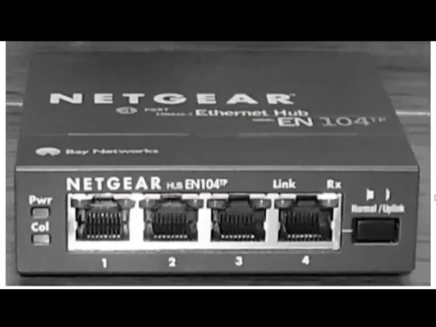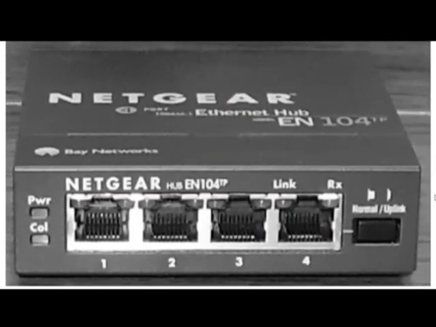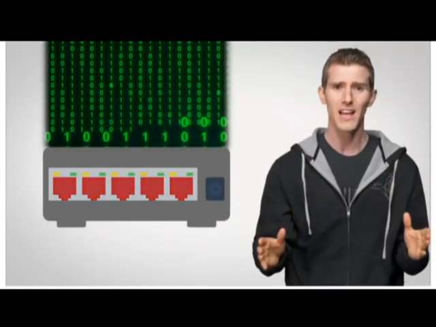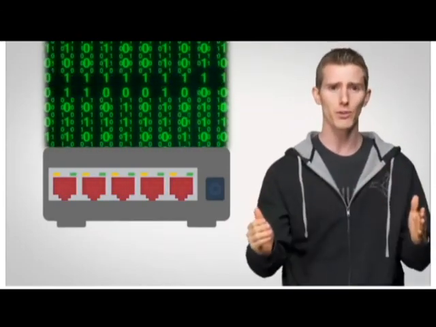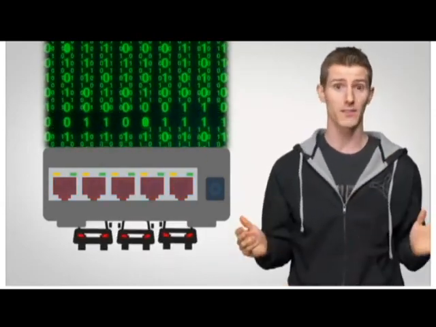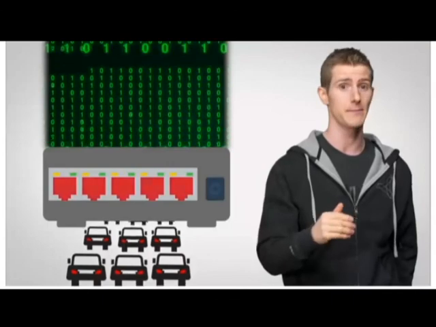Bringing us finally to our old friend, the network hub. And yes, I do mean old, as you might have one collecting dust in your attic, and it's kind of hard to find them in stores anymore. You see, hubs are sort of like switches, but instead of analyzing incoming traffic and deciding which device it should go to, hubs are essentially glorified splitters that just blast the same network traffic to all outbound ports, usually resulting in lots of network congestion that seriously limits speeds.